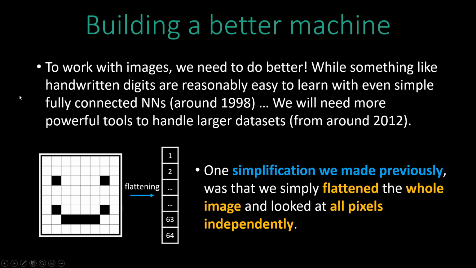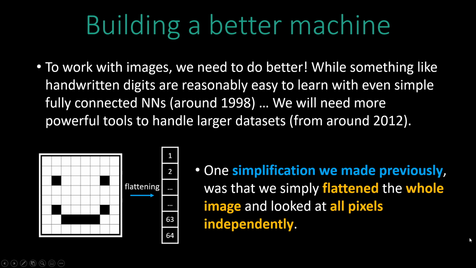They were not RGB, they were just grayscale values, and we just had 10 classes, and plenty of samples in each one of them. So the task there is basically quite simple, and that is also the reason why we start with that task. And so we will need to be better at this task if we want to handle larger datasets. And this is coming from the year of 98 into the year of 2012.